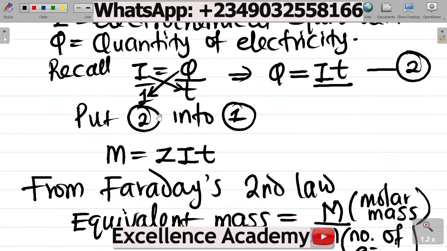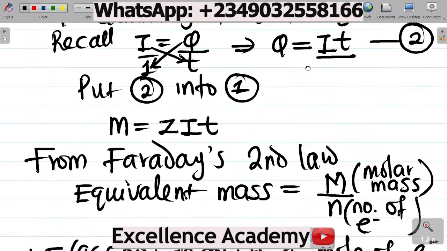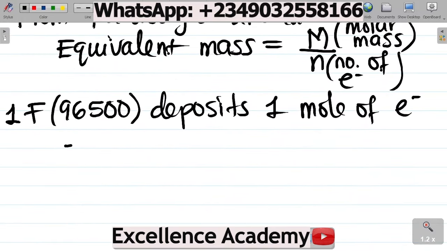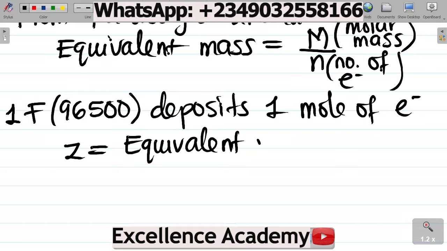This means that the value of Z, which is called the electrochemical equivalent, is actually given by the ratio of the equivalent mass all over F. That's Faraday's constant.